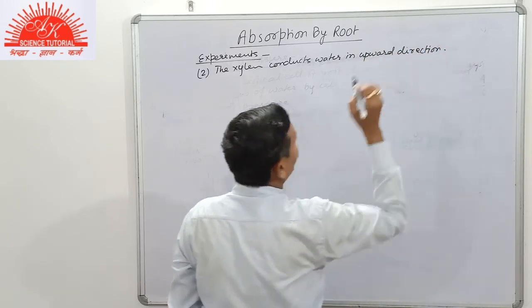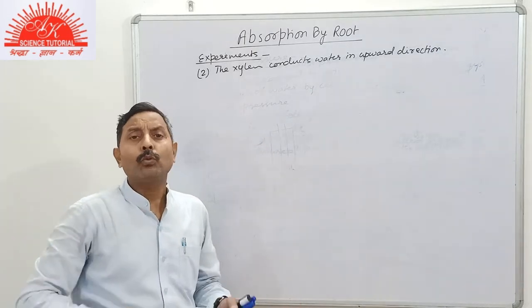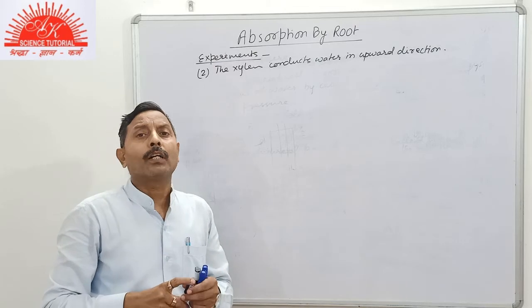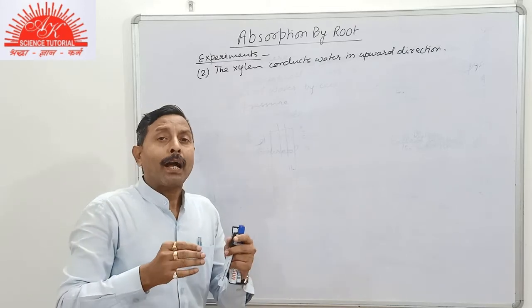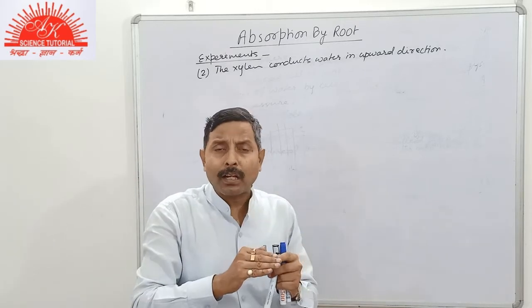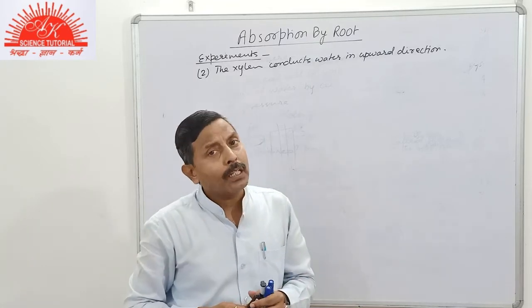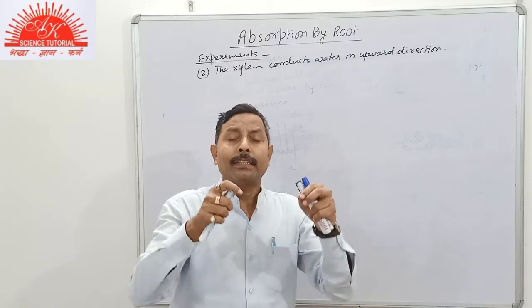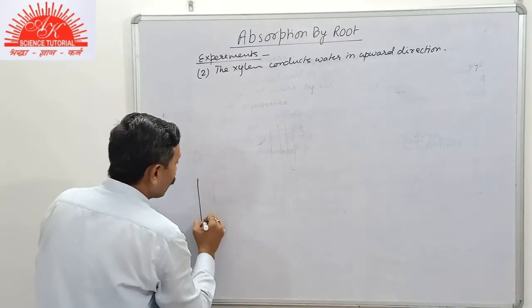For this we take two leafy branches of a soft stemmed plant, again balsam, and the twig is cut by dipping in water to prevent air bubbles from entering the xylem, and it is quickly placed in a beaker containing water.